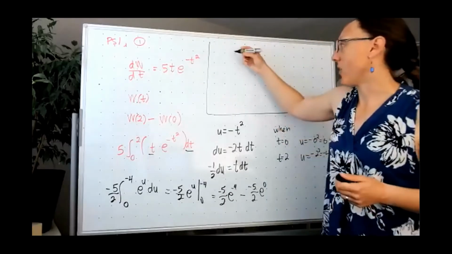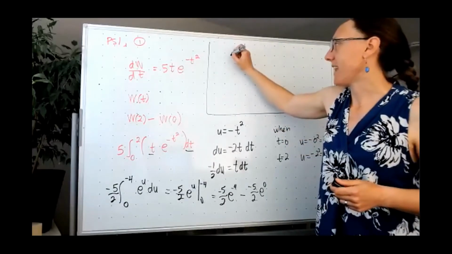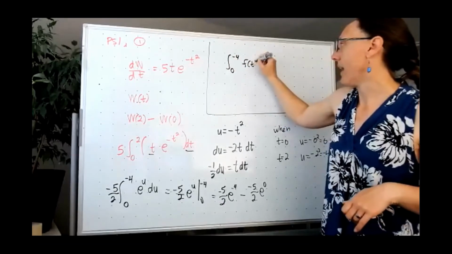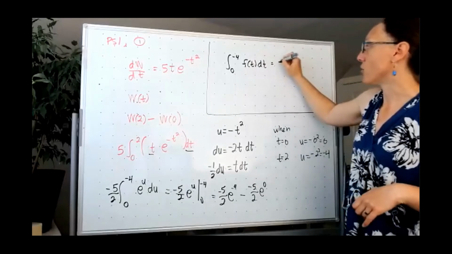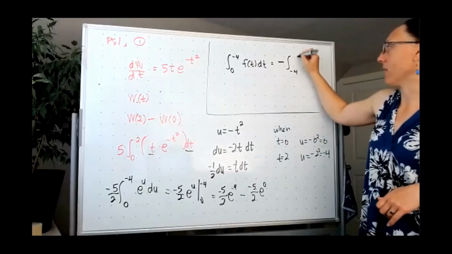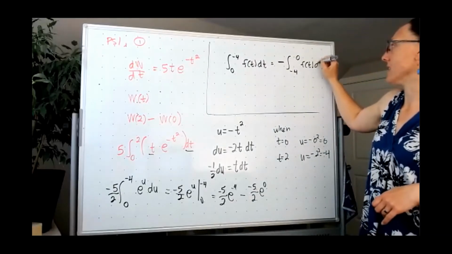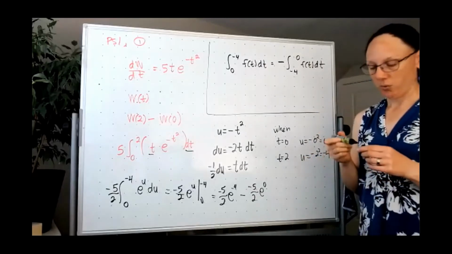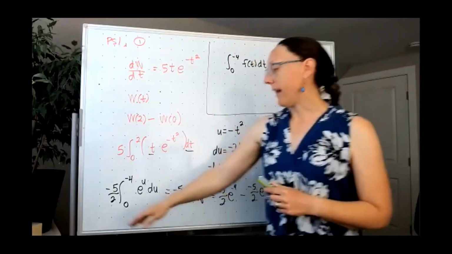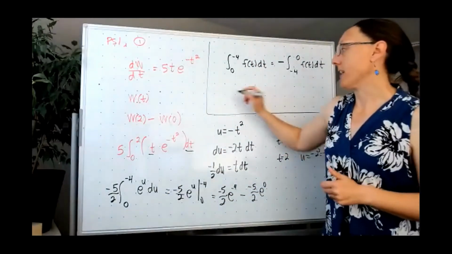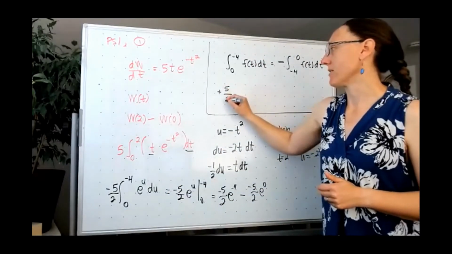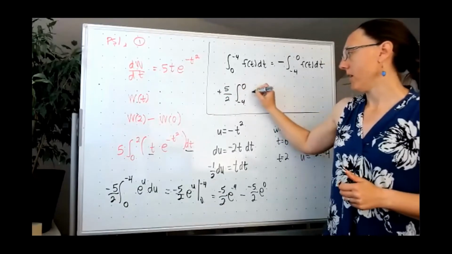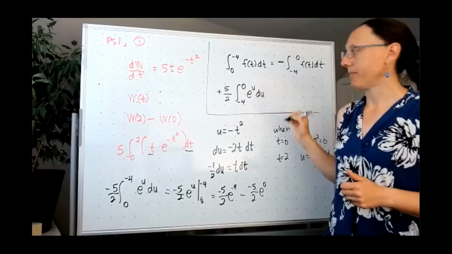But one of the other options is to say that any integral from 0 to negative 4 of f of t dt is equal to the negative of the integral from negative 4 to 0 of f of t dt. That's one of our properties of definite integrals, which means that from here, we could have written it as positive 5/2 and the integral from negative 4 to 0 of e to the u du.